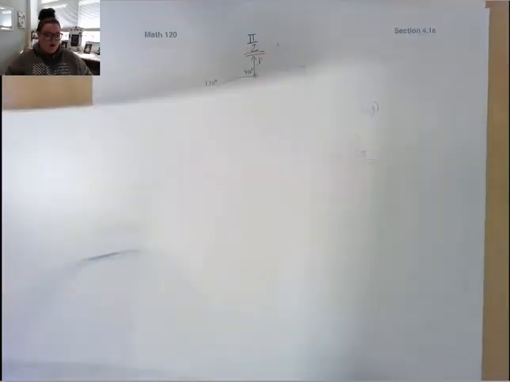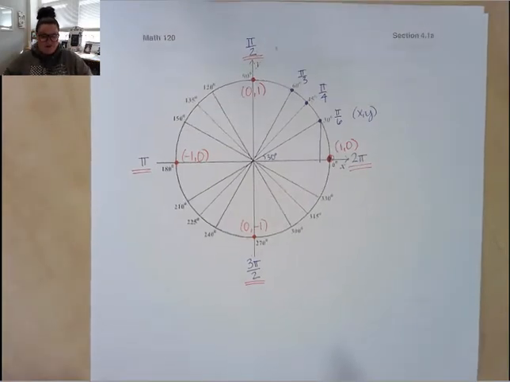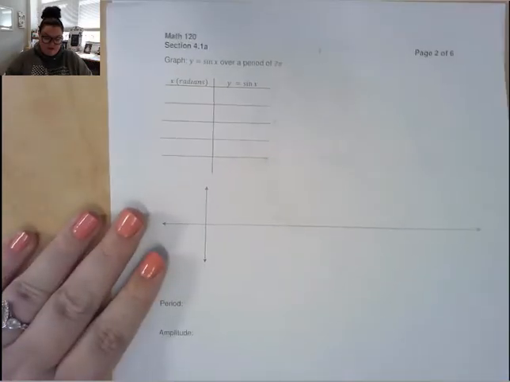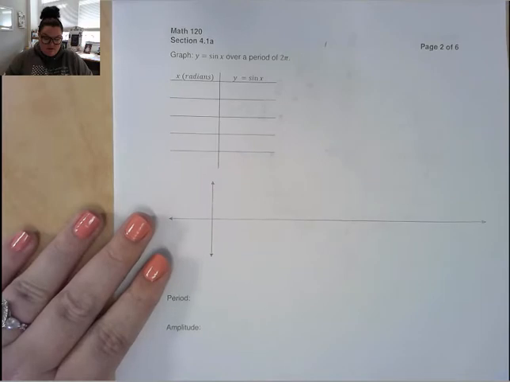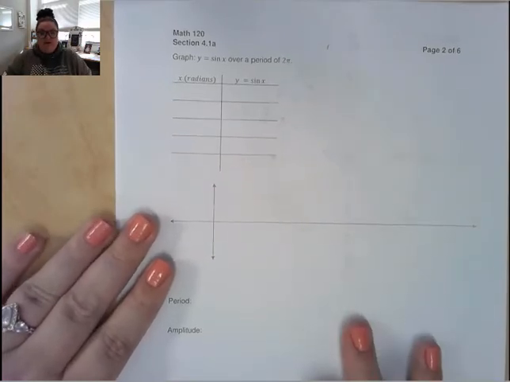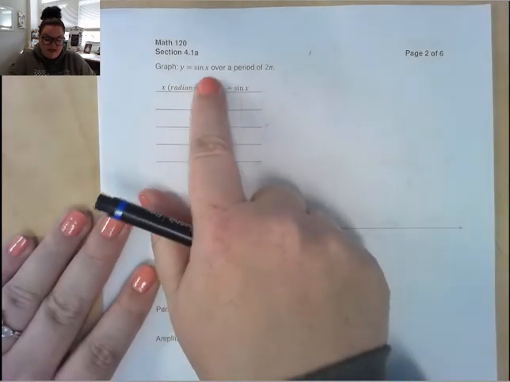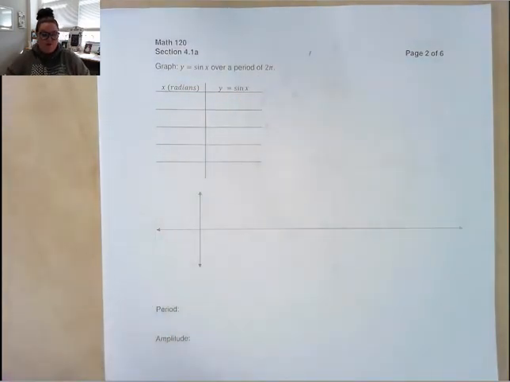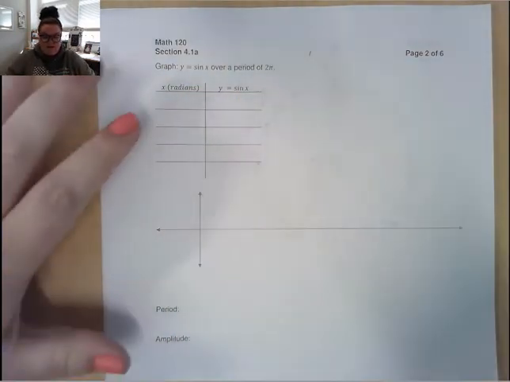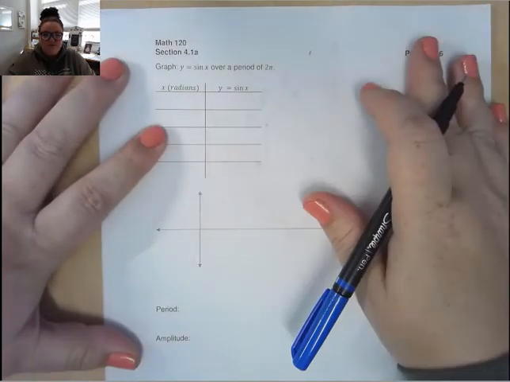First of all, on page 2, we're going to introduce the sine graph. It says graph y equals sine x over a period of 2 pi. I'm going to point out some things.